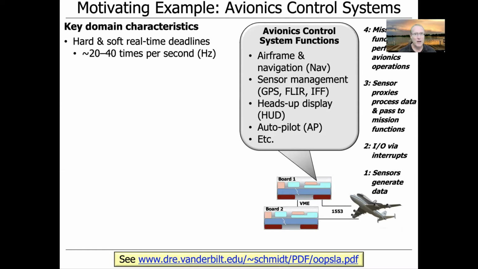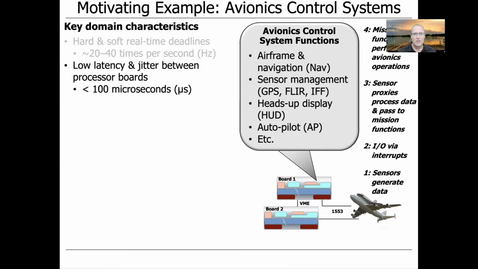And I actually wrote a paper many years ago that appeared in the OOPSLA conference talking about some of the requirements in this domain. You might want to take a look at that paper because it's relevant to our discussion here. Another characteristic of avionics systems is low latency and jitter requirements between processor boards when they communicate with each other. Typically, we want to keep the latency down to below 100 microseconds, which is pretty fast.